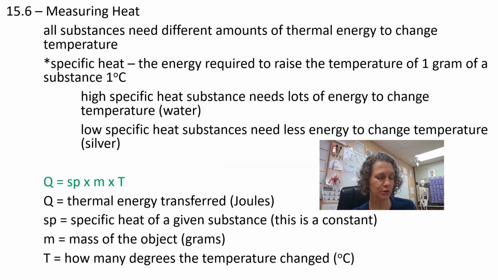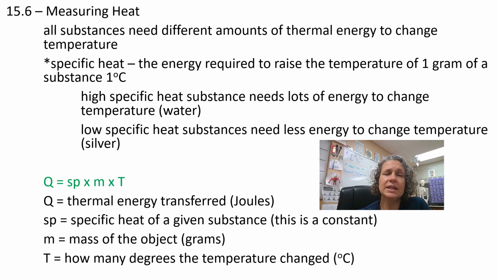Okay, so now measuring this heat. Every substance needs a different amount of thermal energy to change its temperature, to get warmer, and this is specifically called the specific heat. There are tables and charts and all kinds of things about the specific heat of specific types of substances, whether it's pure metal or steel or a piece of wood or whatever it is.